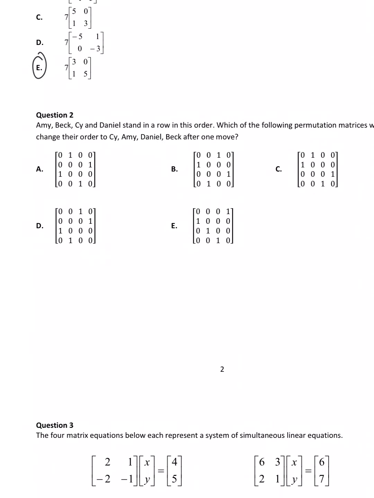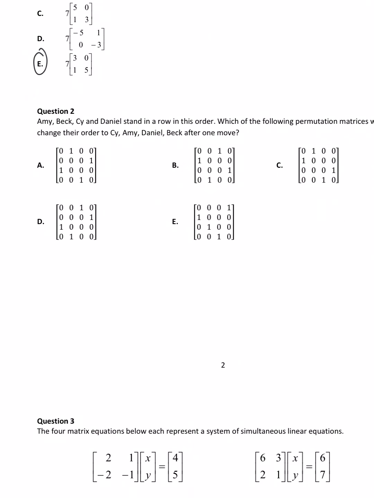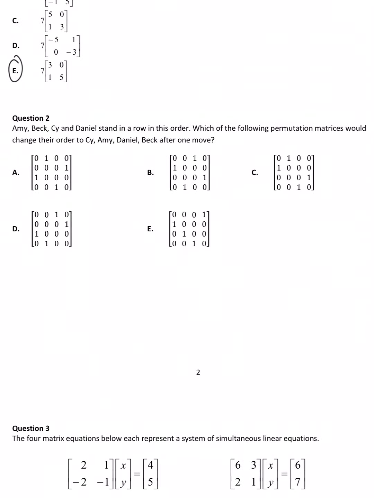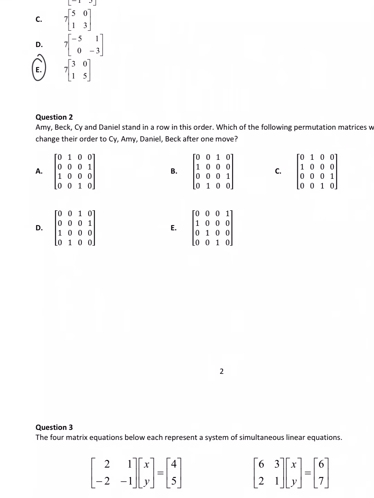Question 2. Amy, Beck, Kai, and Daniel stand in a row in this order. Which of the following permutation matrices would change their order to Kai, Amy, Daniel, and Beck after one move? It's only multiplying once, by one of these permutation matrices. A permutation matrix just changes the order or positioning of a matrix.